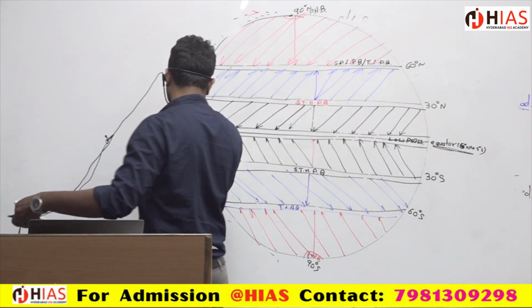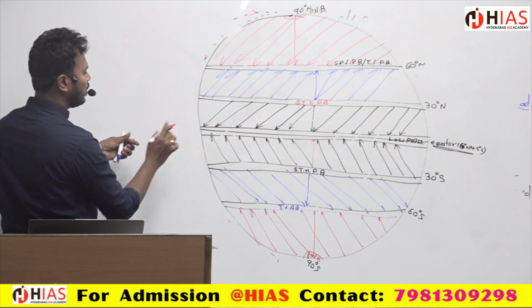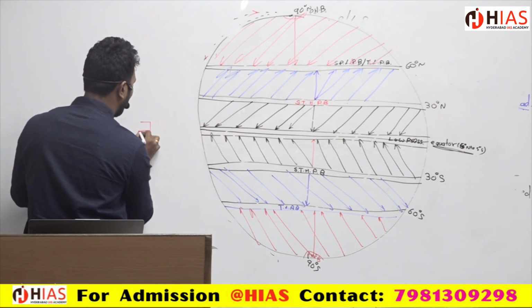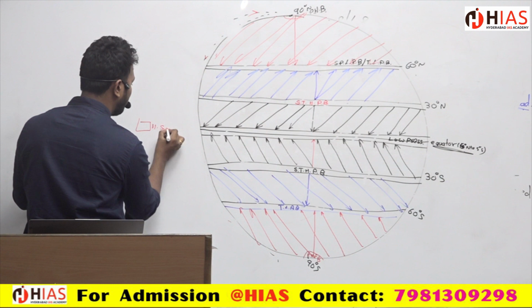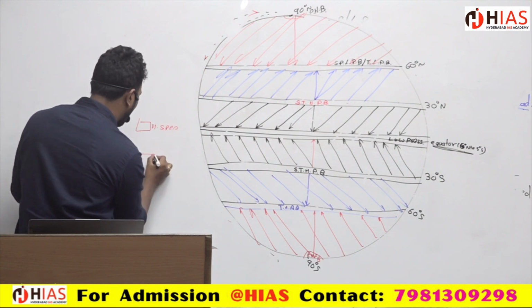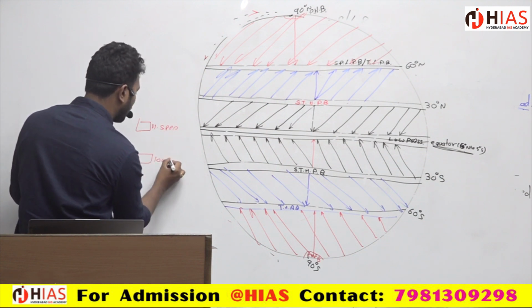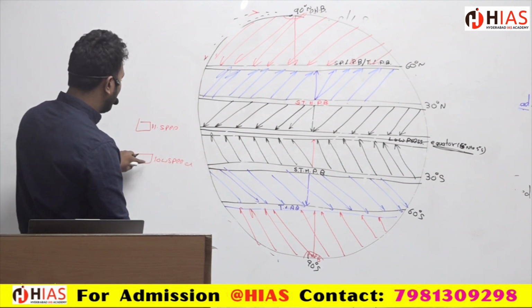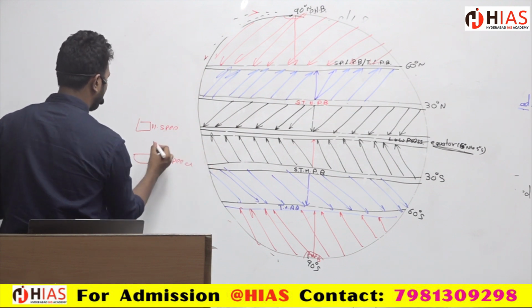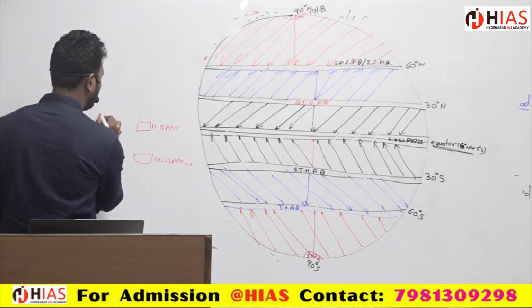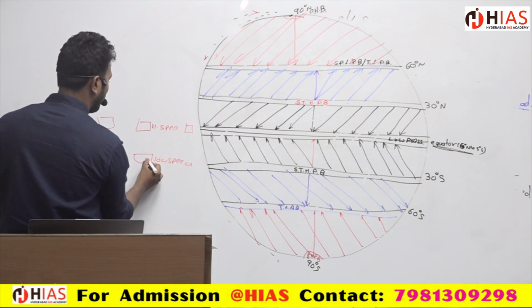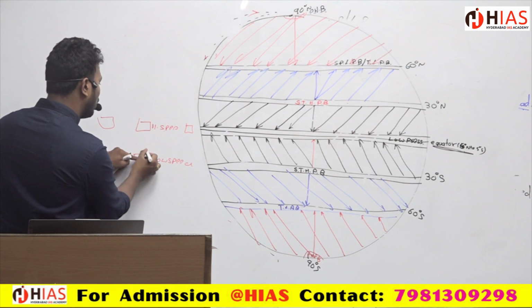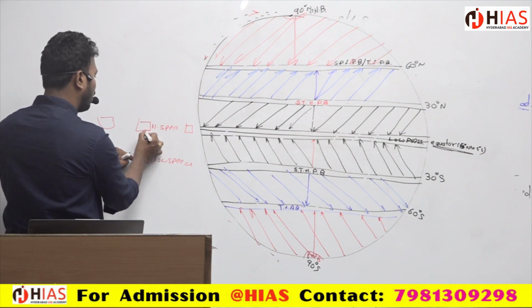See, let us imagine. I'll just tell you. So this is the equator. This is a body traveling with high speed. And this is a body traveling with low speed. See, when the body, as I told you, just imagine three things. So when the body is traveling from low speed to high speed, it wants to travel to here.